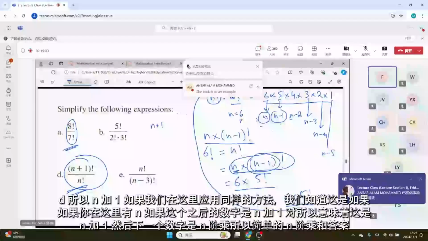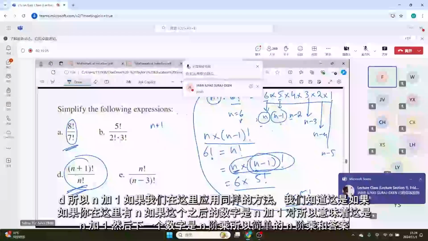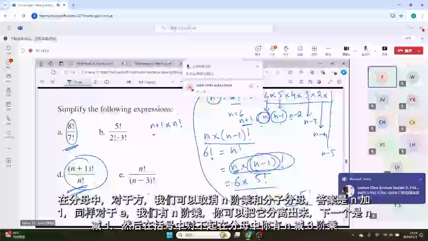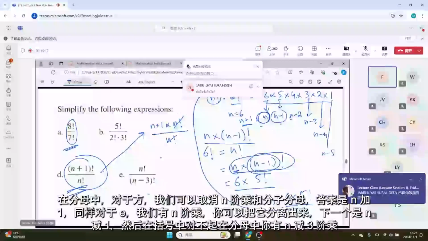So this is n plus 1, and then the next number is n factorial, so simply n factorial. And in the denominator you have n factorial. This is for part D. So you can cancel n factorial in the numerator and denominator, and the answer is n plus 1.